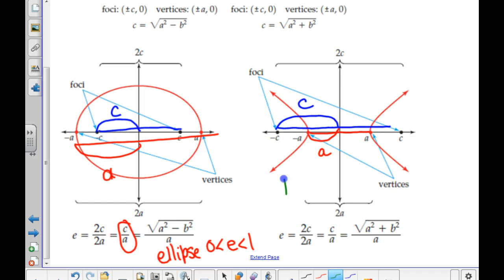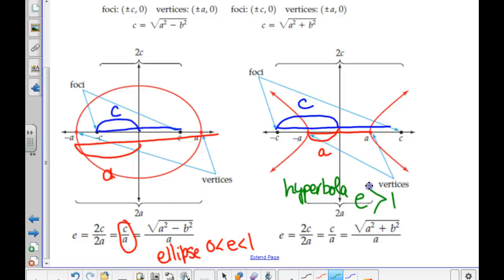So when you have a hyperbola, the eccentricity is going to be greater than 1. And it can be 1.2, and it can be all the way up to 5 or 6 or whatever.